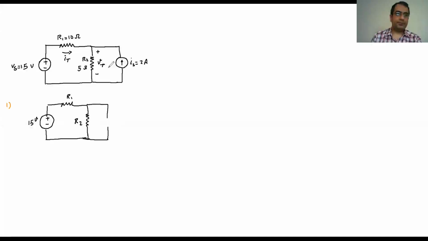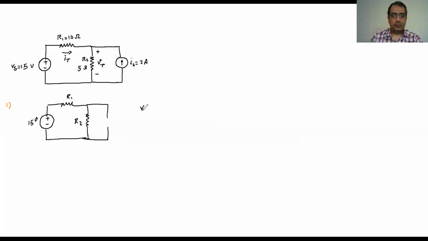Remember, eventually we want to find the voltage at this resistance. So we find the voltage here for the first step, then we zero the other source, find the voltage, and add them together. If this is what I have, it's a battery and 2 resistances. It's a very simple circuit, and we can easily use the voltage divider method to find the voltage here.